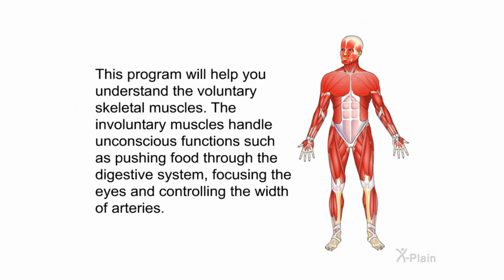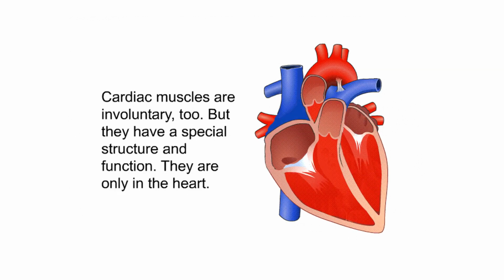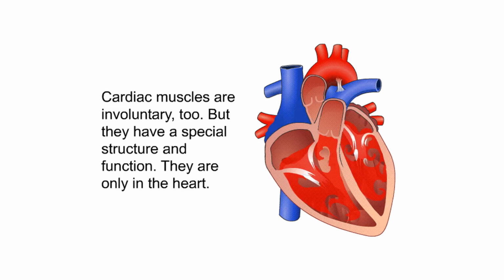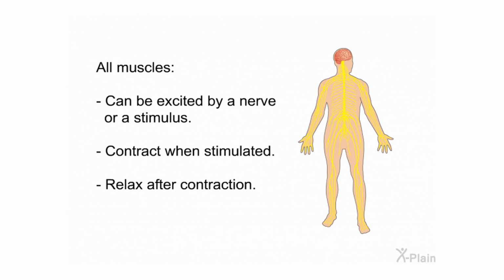The involuntary muscles handle unconscious functions, such as pushing food through the digestive system, focusing the eyes, and controlling the width of arteries. Cardiac muscles are involuntary too, but they have a special structure and function. They are only in the heart. All muscles can be excited by a nerve or a stimulus, contract when stimulated, and relax after contraction.